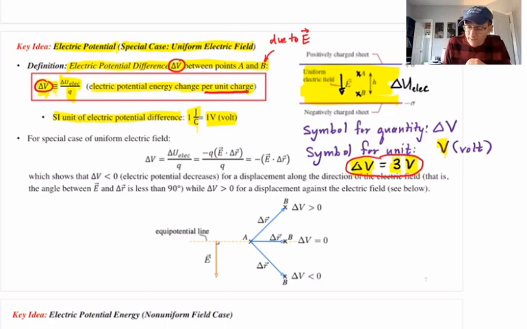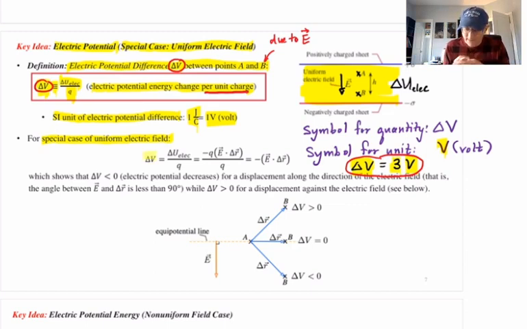Let's figure out a formula for the potential difference between 2 points in a uniform electric field. Electric field is what causes the potential difference. So for the special case of a uniform electric field, again, I'm thinking of this picture up here with the uniform electric field between the 2 sheets, and you've got 2 points A and B. And I want to know the potential difference between A and B in the presence of this uniform electric field.